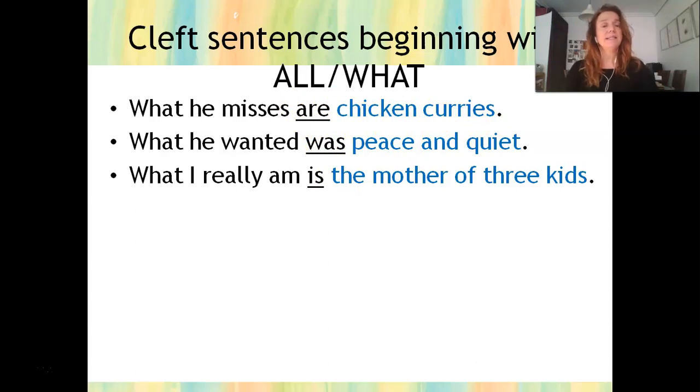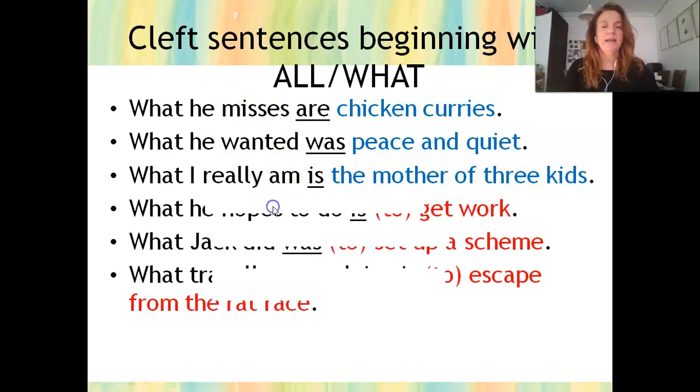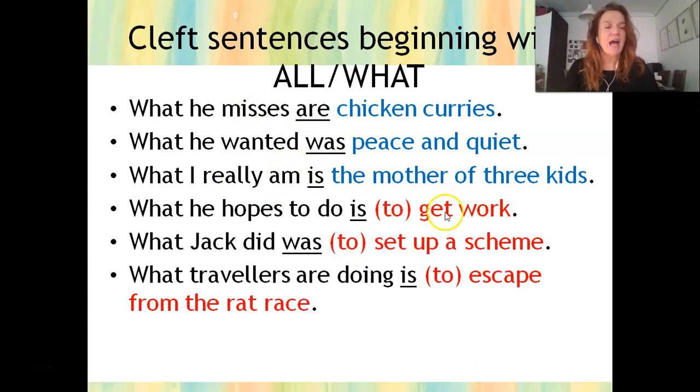So, what he misses are chicken curries. Or what he wanted was peace and quiet. Or what I really am is the mother of 3 kids. Okay? But we can also have a verb. And that verb is going to be an infinitive or a bare infinitive, infinitive with to or infinitive without to.